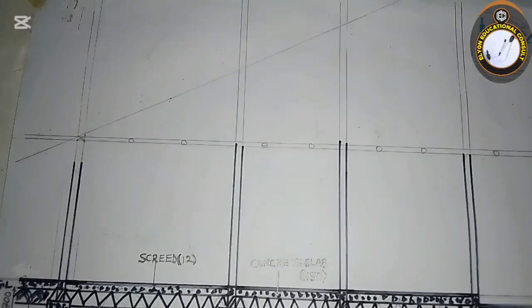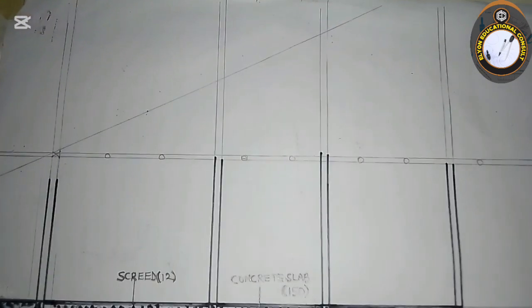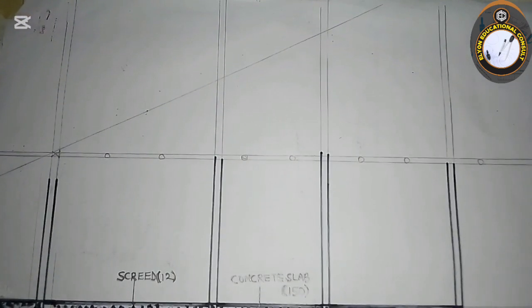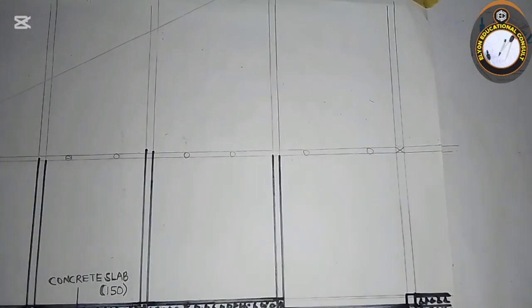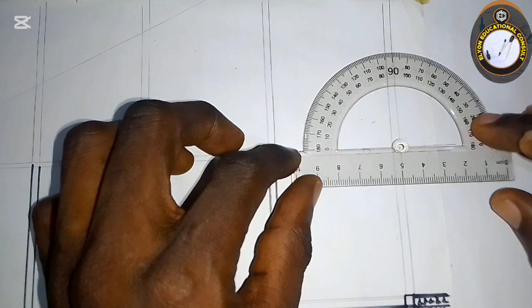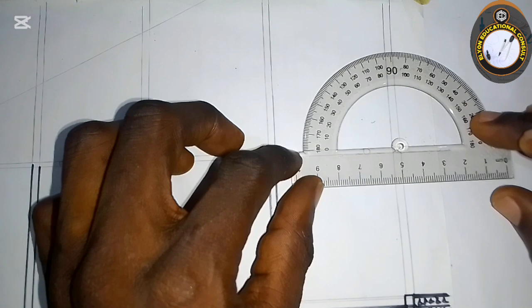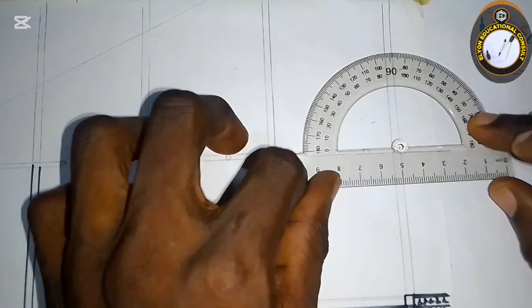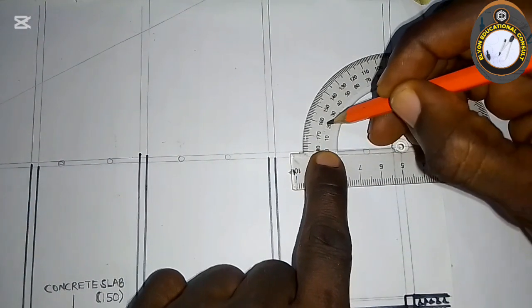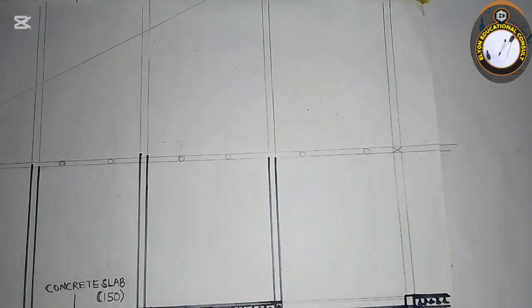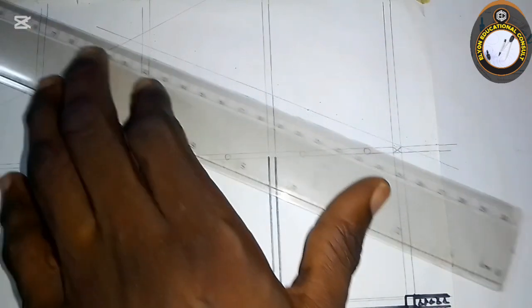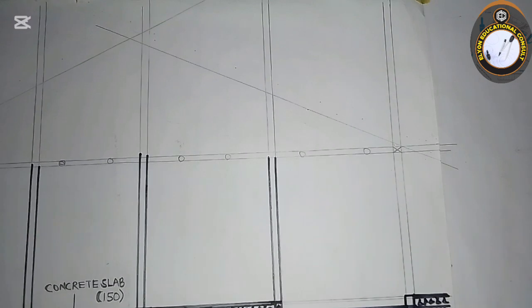I hope we can see that now. I will draw the same thing for this other side too. So we take 25. This is 10, 20, 25. So that is 25, and we have it this way.